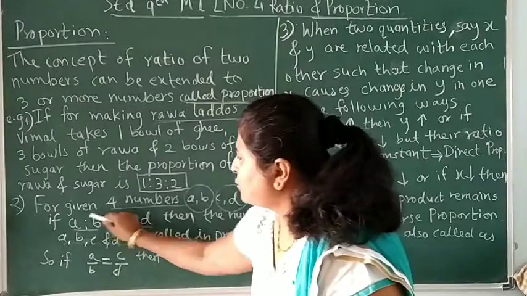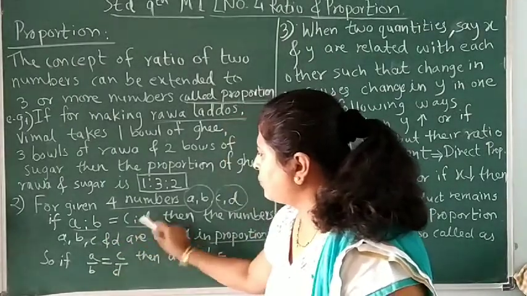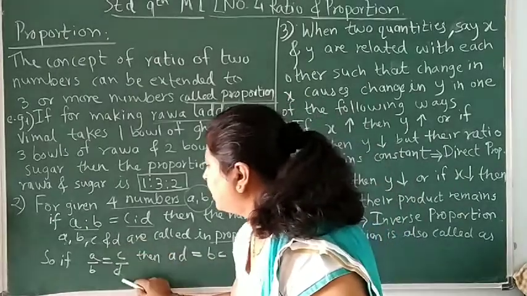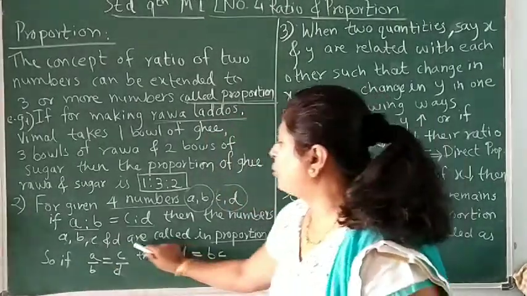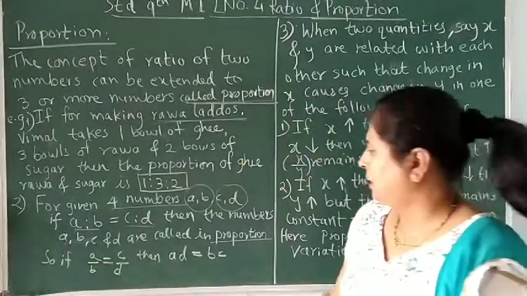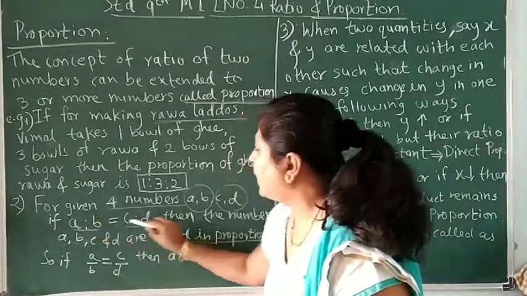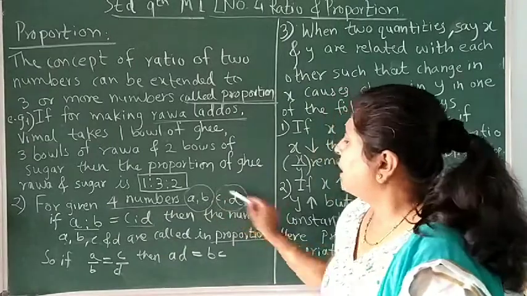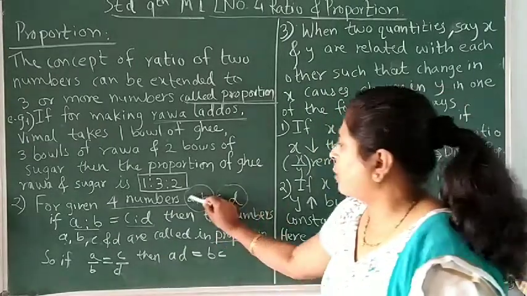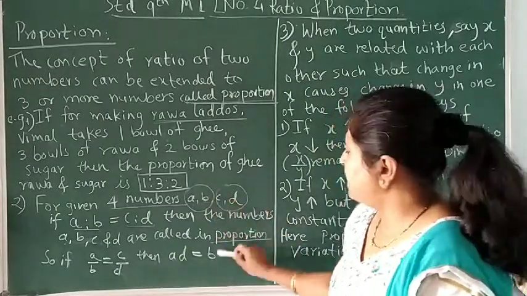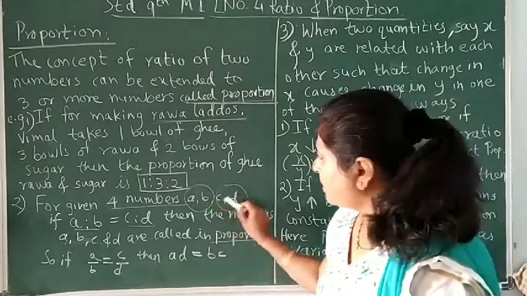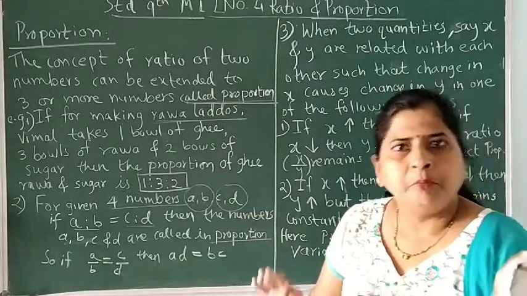So if A is to B, that is A upon B, is equal to C upon D, then by cross multiplication we get A into D is equal to B into C. In other words, the product of the extremes, the first and the last of these four numbers, is equal to the product of the means, the middle two numbers, M-E-A-N-S.